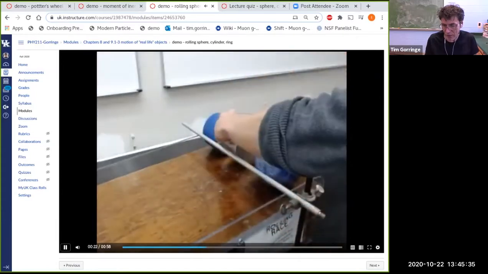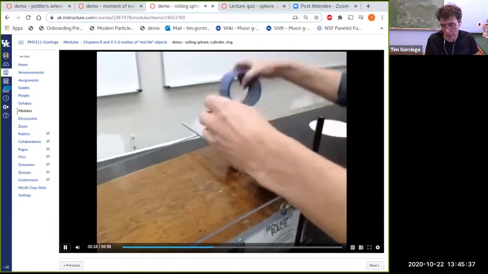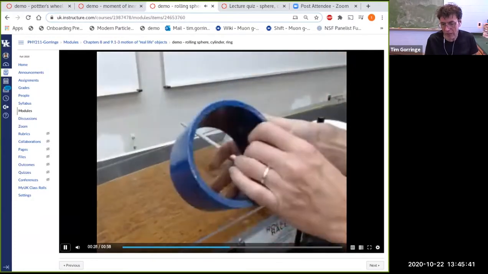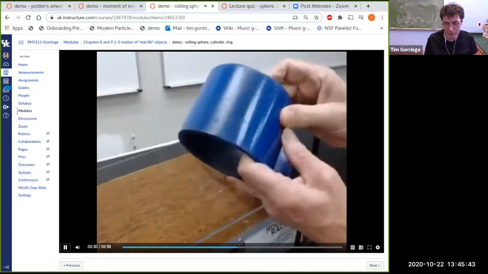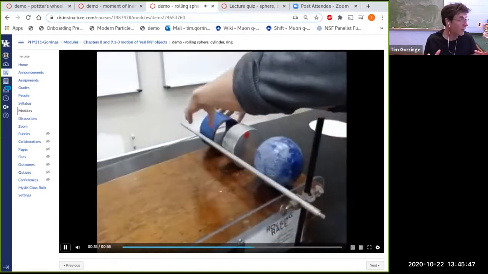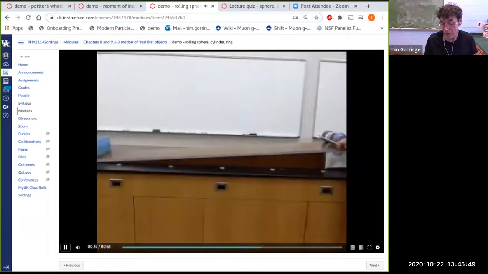And I got the donut, nice donut with a hole in the middle. I actually picked these 3 objects because these particular blueberries, donuts, and cookies all had the same mass and the same radius. So there's no question about one having a bigger or smaller mass, bigger or smaller radius. And then I raced them.